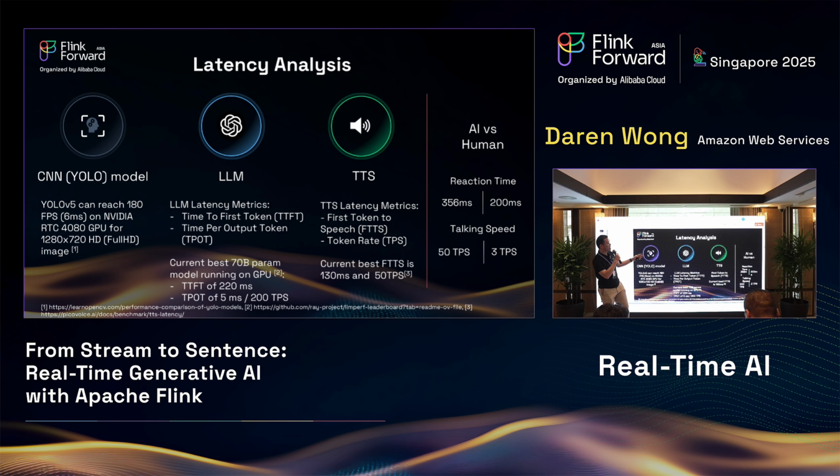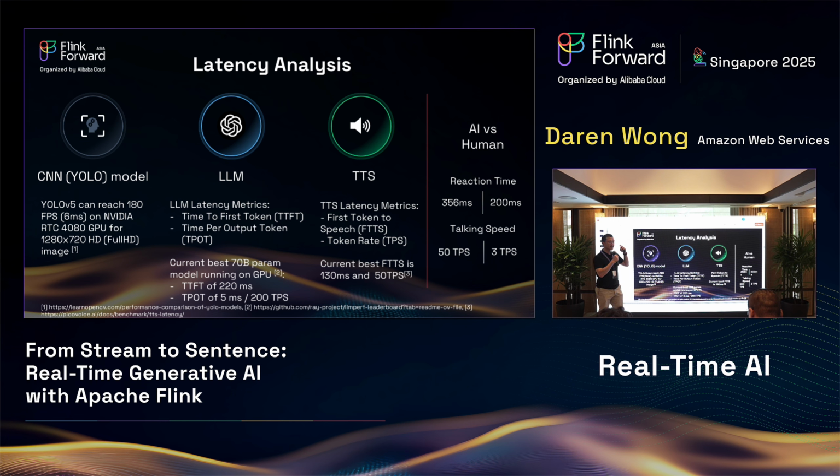I've broken it down into 3 components and analyzed the latency of each. Starting with the computer vision part, currently YOLO v5 running on an NVIDIA GPU, processing a full HD image, can do it at 180 frames per second. In other words, that translates to a latency of about 6 milliseconds. So that's pretty good.